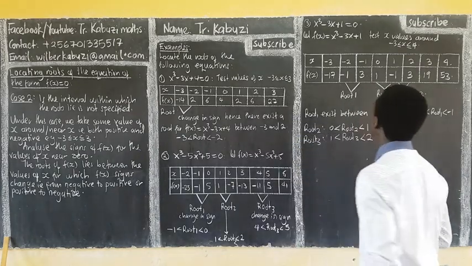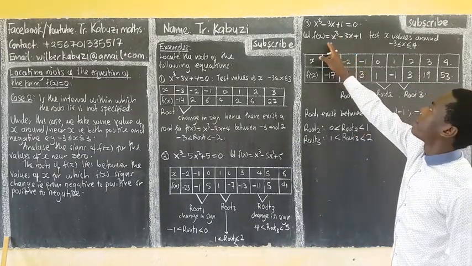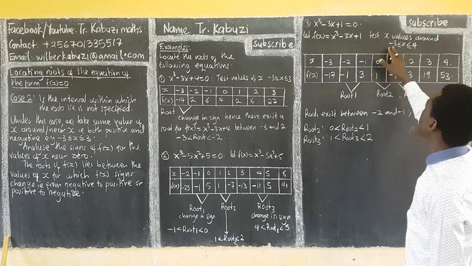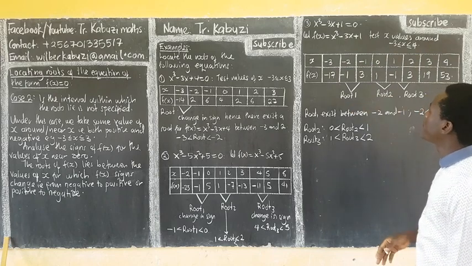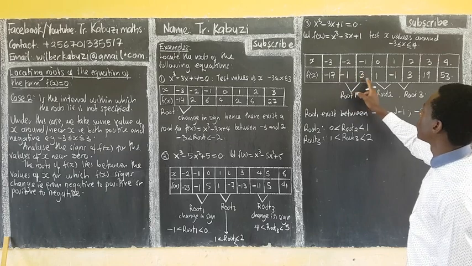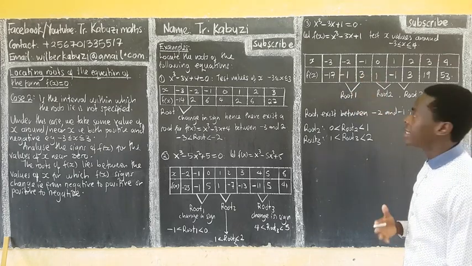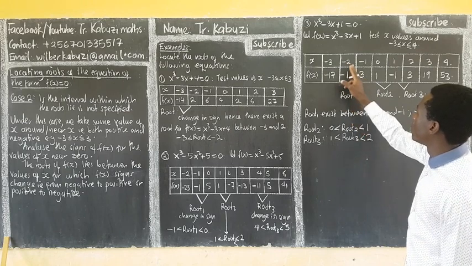Now, when we come to this, this is the next polynomial we have. You start with let f of x be this, then you test from negative 3 to 4. You can even stop at 3, it's up to you. After substituting these values of x in this function, these are the values we get. Where there is a change in sign, you analyze. So this and this, there is a change in sign, so there is a root between this and this.